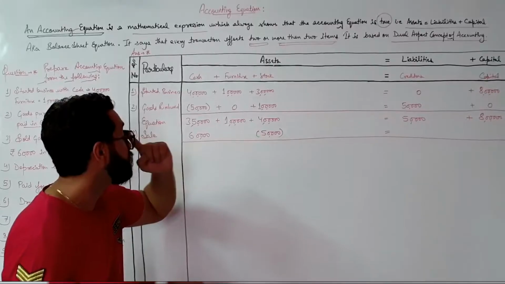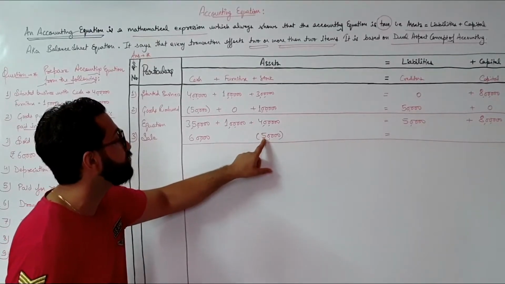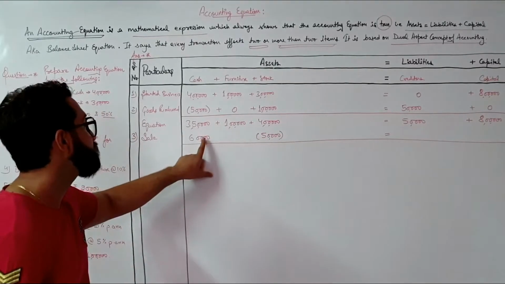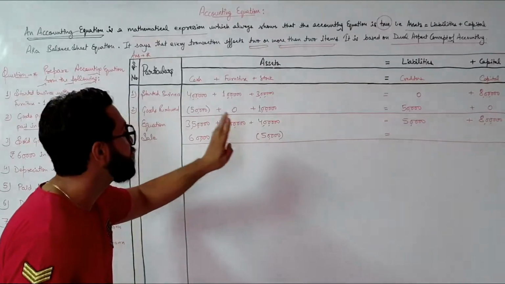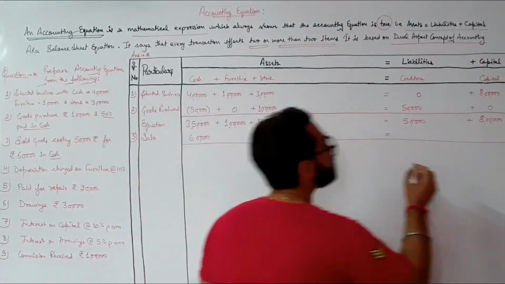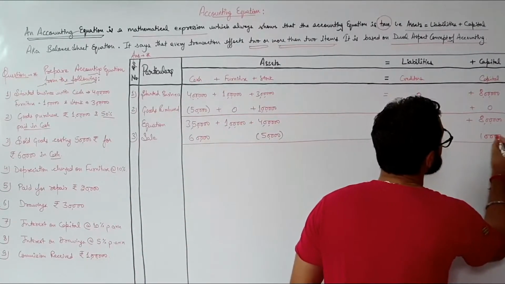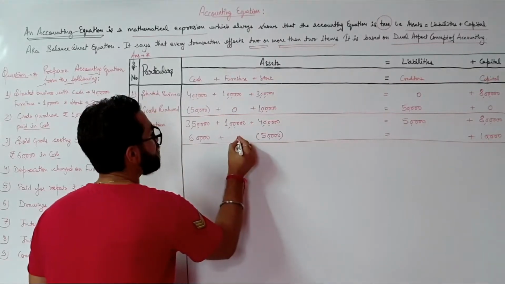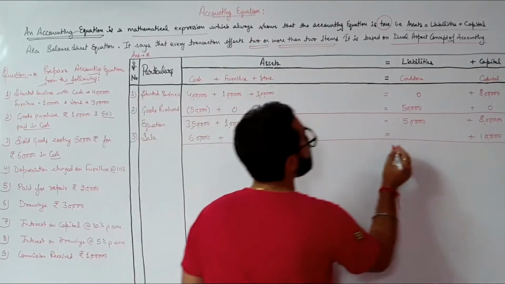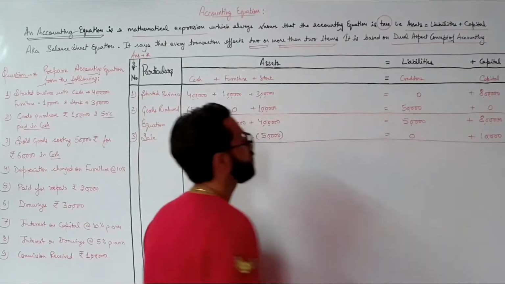You have sold an item costing 50,000 and you have received 60,000. Therefore, 60 minus 50, 10,000 rupees of profit will be added in the capital. Furniture, zero effect. Creditors, zero effect.